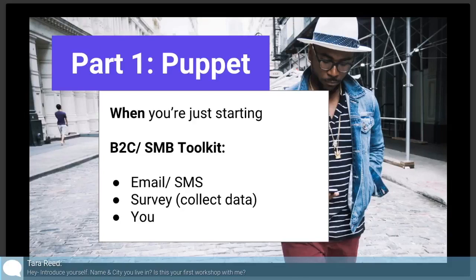Now, for those of you who are building B2C businesses, and if you don't know, B2C means business to consumer. So whatever app idea you have, you're going to sell it directly to a customer. An example of this is Uber. Customers can directly download the app and use it. Their customer is an end consumer, an everyday person.